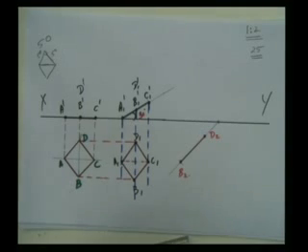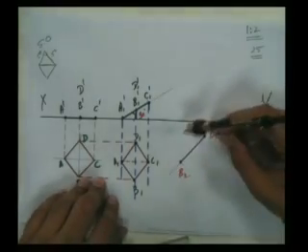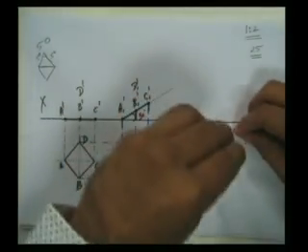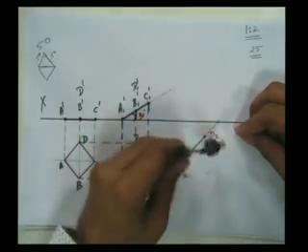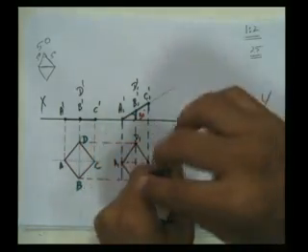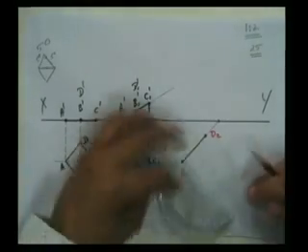D2 and B2. Again I'll draw a perpendicular bisector. And join them.